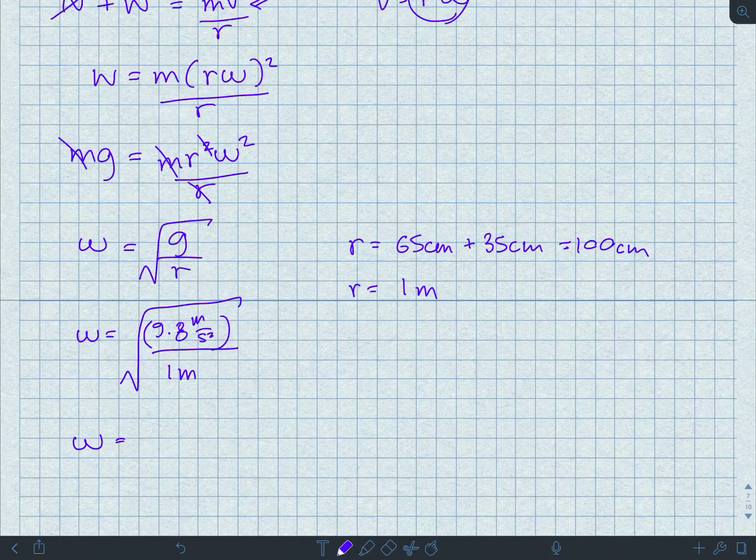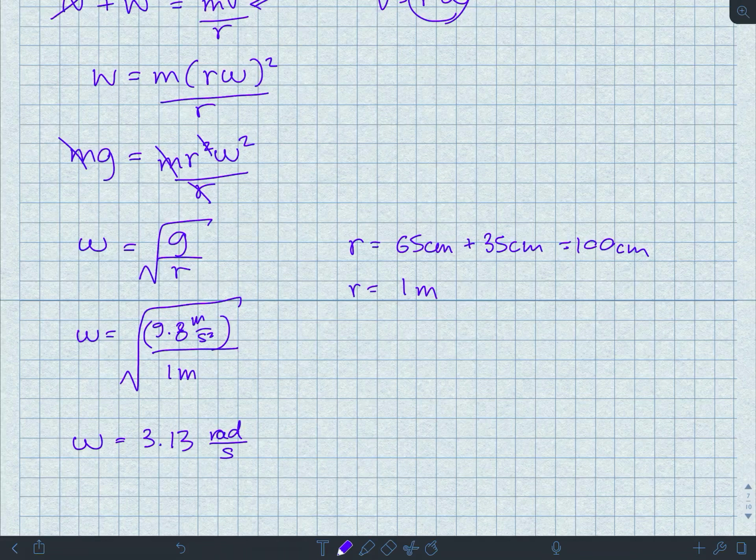Square root of 9.8. That gives us something like 3.13. I'll just keep a few extra sig figs on there. And this is going to be in radians per second.